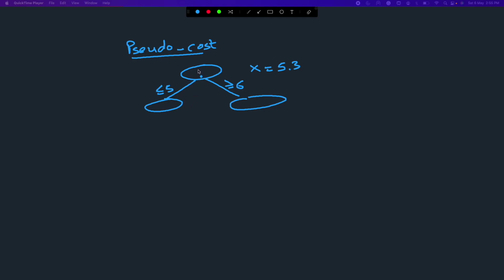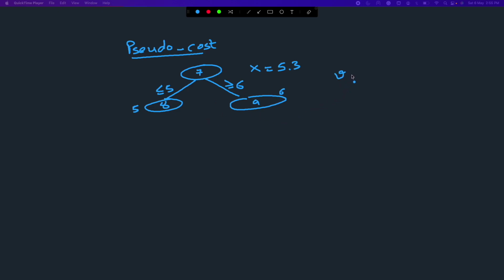So let's say the objective value for this was 7, here it is 8, and here it is say 9. So I can calculate how much I gained in my objective per unit change in the value of x. So let's say these are the bounds, so here x takes value 5 and here x takes value 6, in these nodes.